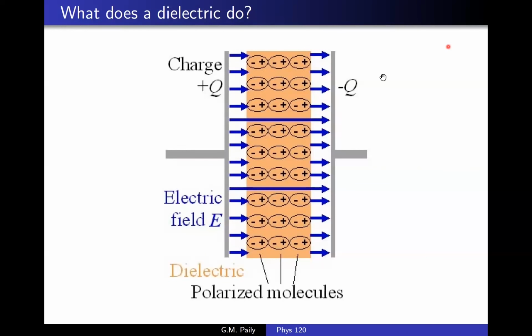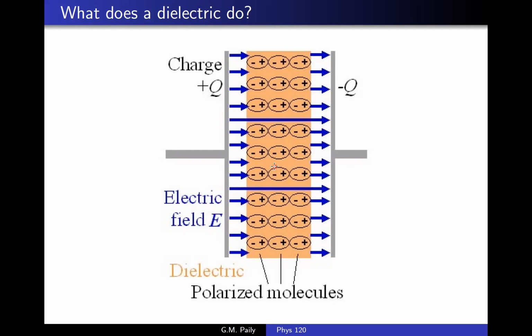How does a dielectric help increase the capacitance? We know that a dielectric will have polarized molecules inside it, and that when we place it between the plates of the capacitor, it gets exposed to an electric field. This electric field polarizes the material and makes all the dipoles align with the electric field. But in the process, because each of these polar molecules has their own little electric field, they help neutralize the electric field between the plates to some extent.